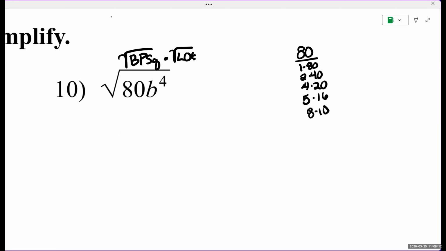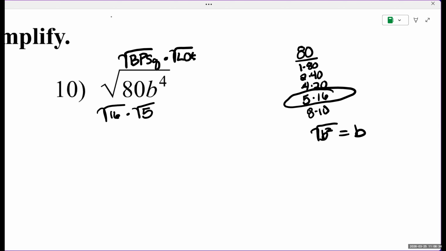Okay, so there's our factors of 80. Now I'm looking for the biggest perfect square, which is 16. So I have the biggest perfect square, the leftovers. Now I know that the square root of b squared is b, correct?